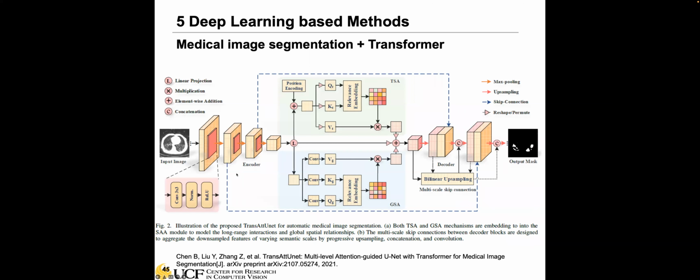And this is another segmentation work that uses the transformer. It's just some small changes on how you apply transformers. Actually there's more. They're also using an attention unit rather than just the vanilla UNet.